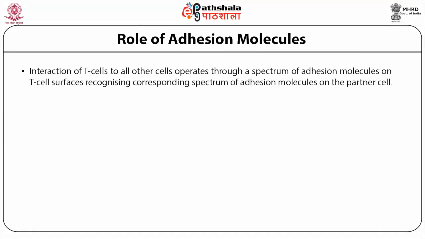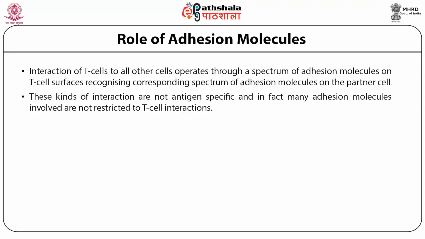Interaction of T cells with all other cells operates through a spectrum of adhesion molecules on T cell surfaces, recognizing a corresponding spectrum of adhesion molecules on the partner cell. These kinds of interaction are not antigen specific and in fact many adhesion molecules involved are not restricted to T cell interactions.